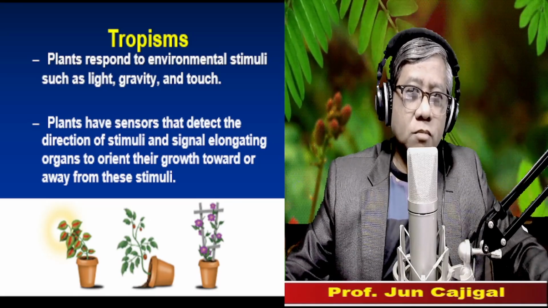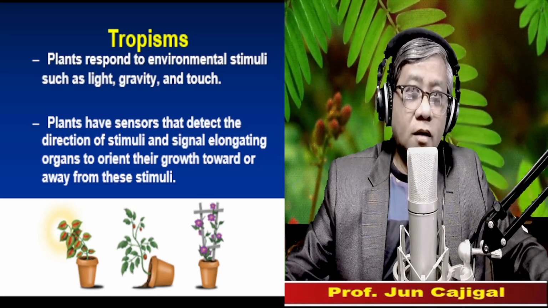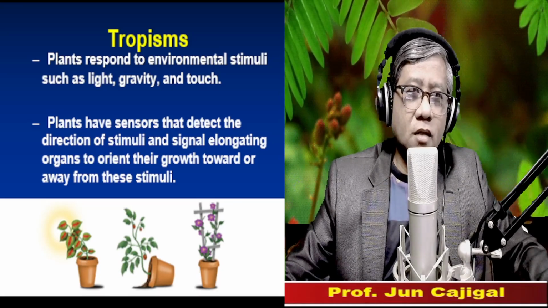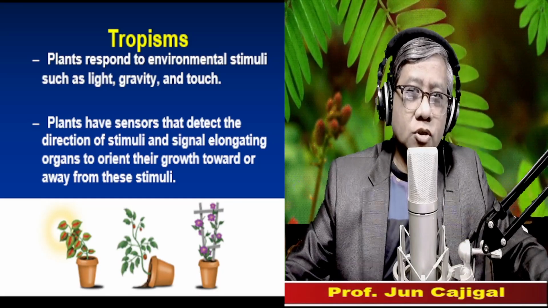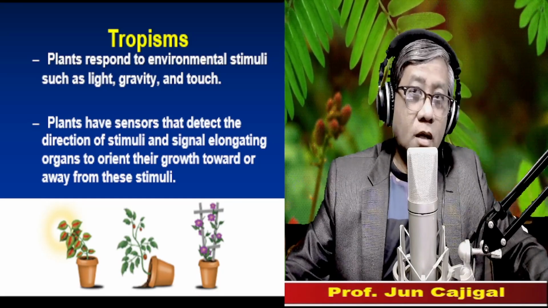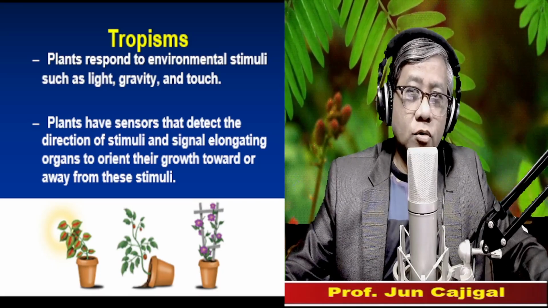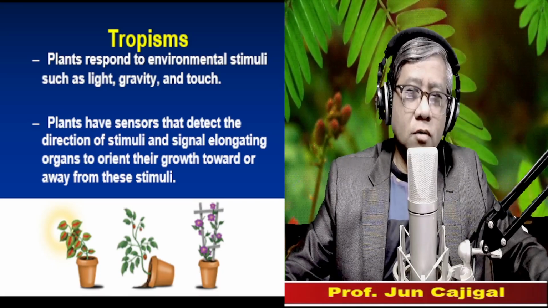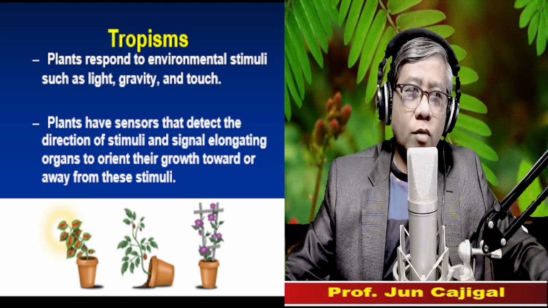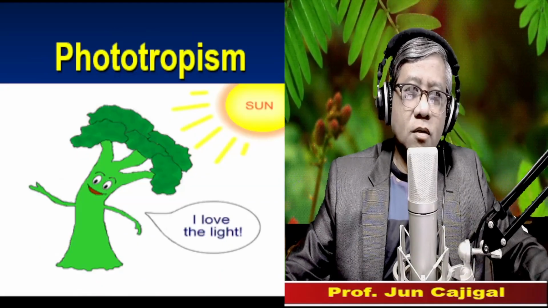This is possible because plants have sensors that can detect the direction of stimuli and also signal elongating organs in order to orient their growth towards or away from the stimuli.